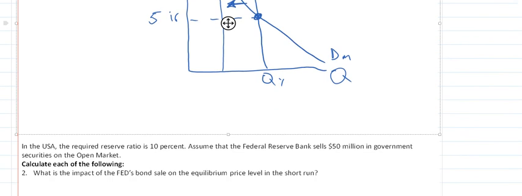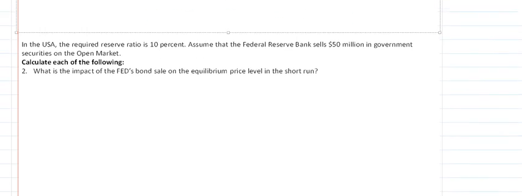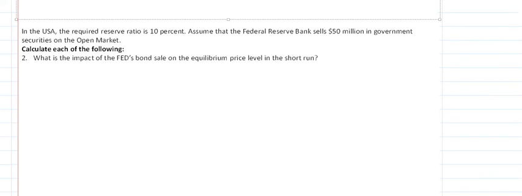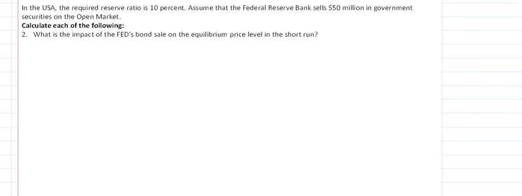Okay, let's look at the second part of this question. What is the impact of the Fed's bond sale on equilibrium price? Okay, well, we look at our graph over there. I'll do an easy one over here. All right, we had this, and we said that the interest rate went up.